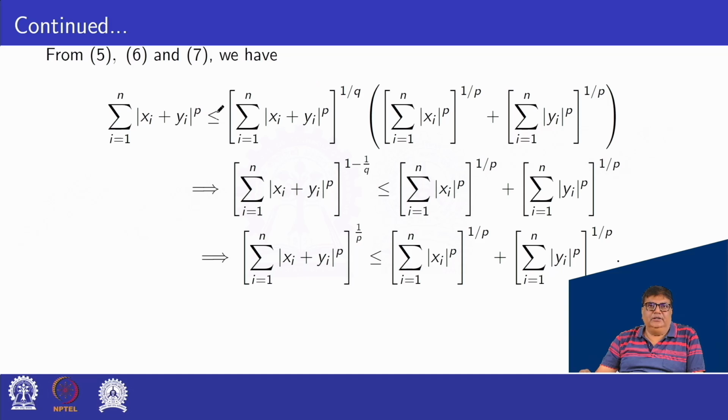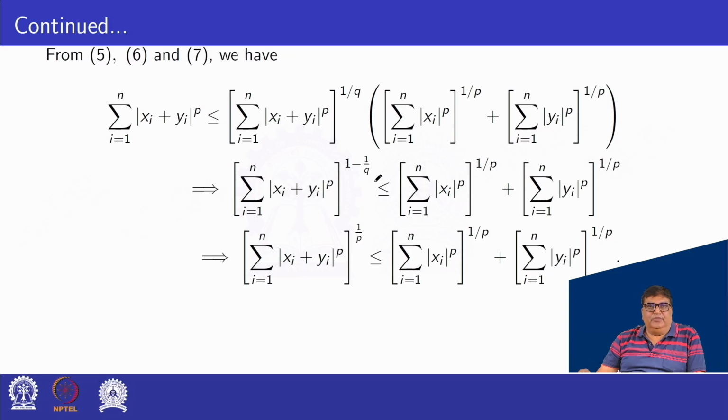So dividing by (summation i = 1 to n |xi + yi|^p)^(1/q) on both sides, we have (summation i = 1 to n |xi + yi|^p)^(1 - 1/q) ≤ (summation |xi|^p)^(1/p) + (summation |yi|^p)^(1/p).